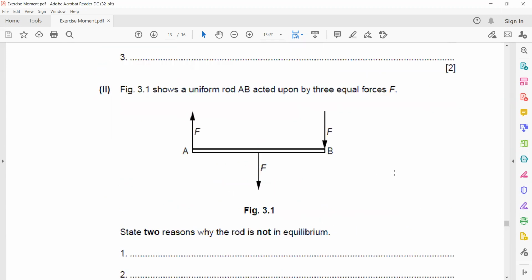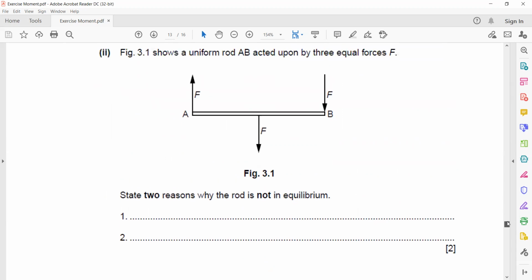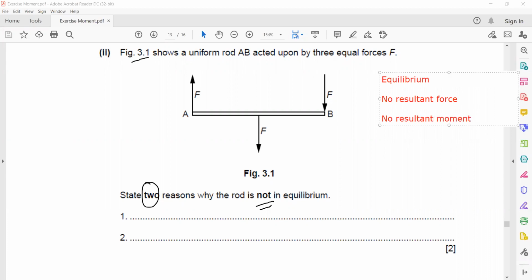Then the next part, figure 3.1 shows a uniform rod acted upon by three equal forces. Give two reasons why it is not in equilibrium. Look, when an object is in equilibrium, there is no resultant force and there is no resultant moment.